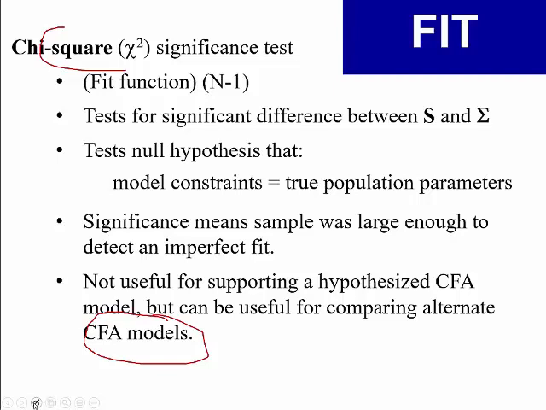Also, as we saw in our previous unit, with regression, we could use this chi-square significance test to test a model where we constrain 2 beta weights to be equal. And if that model was significant, it meant we had a significant difference between those 2 beta weights, and that was a useful thing to test as well.